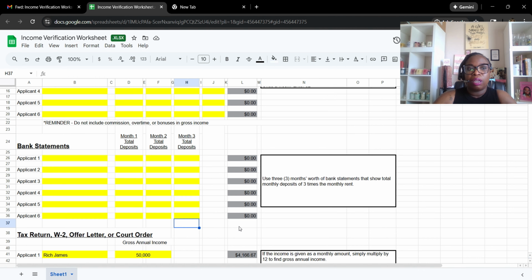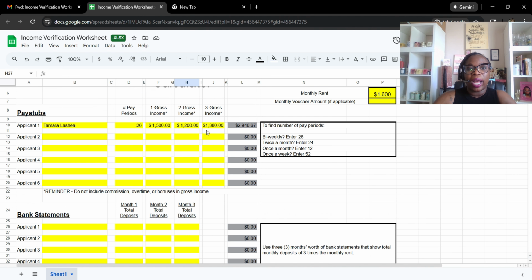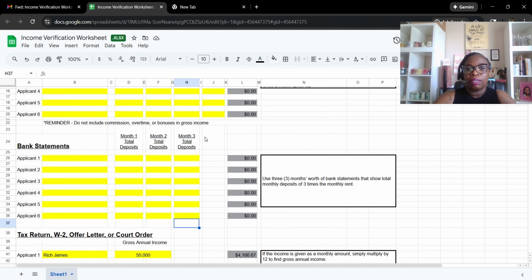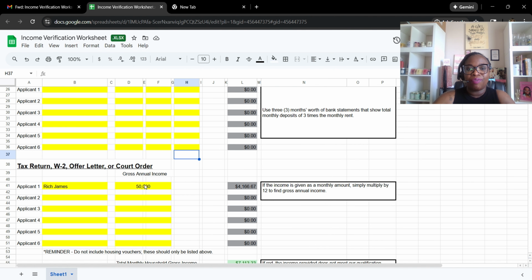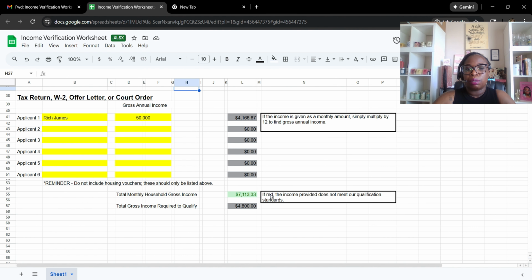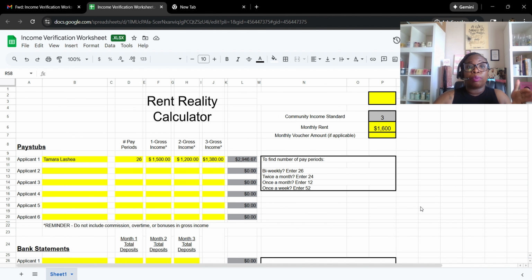Between the two combined, the wife's annual income average is $2,946.67, and the husband's annual income is $50,000. The spreadsheet goes green, which simply means when it comes to the rent reality, they can afford this. Because remember, if they go on an application together, their income will be combined, right?